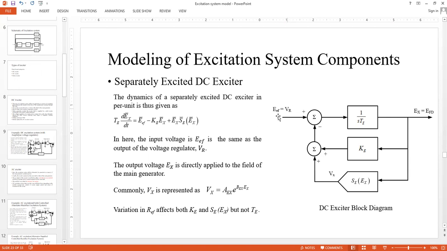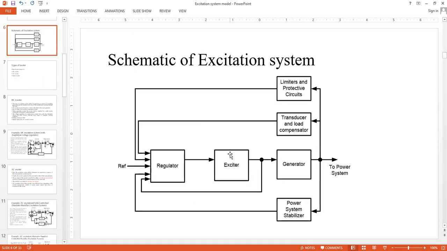So we have to talk about what the input is, where it is coming from, and where the output is going. The input to the exciter is coming from the voltage regulator. We are calling it simply VR. So this is my voltage regulator output VR, which is actually driving the exciter circuit.